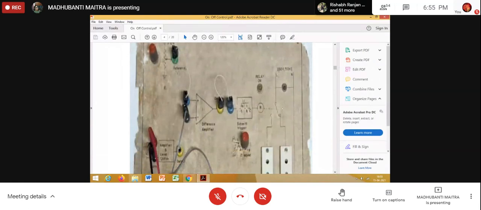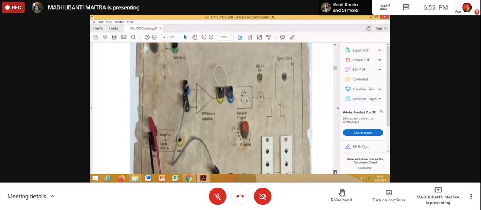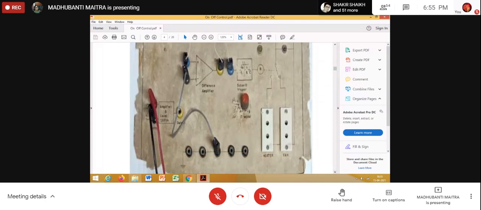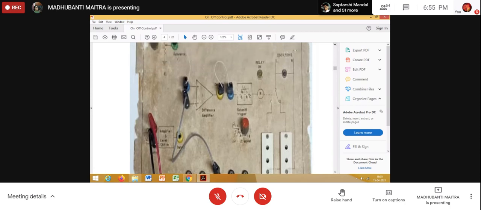So when this link is connected to this terminal, and the socket of the fan is connected here, then what will happen? This is the supply line, as you can see, 230 volt 50 hertz.